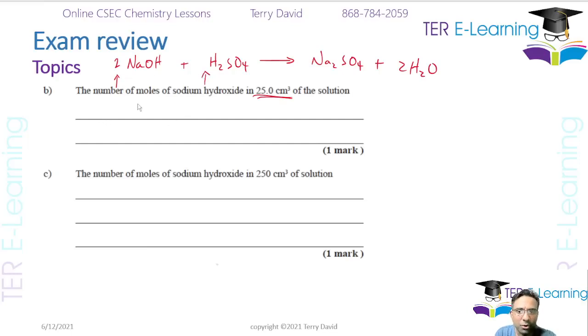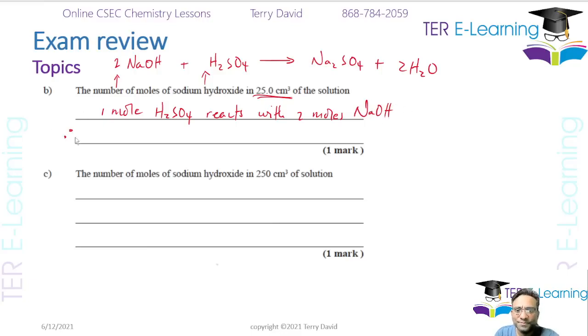So what we're going to do, we're going to say 1 mole H2SO4 reacts with 2 moles NaOH. I thought I was writing it wrong, but that's correct.